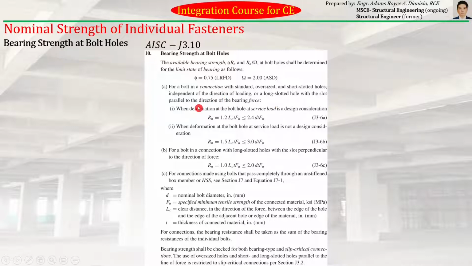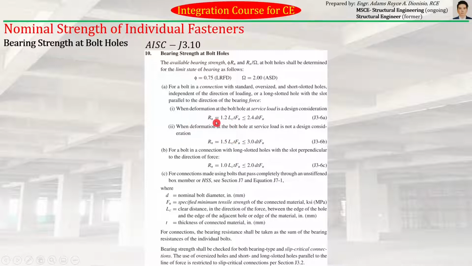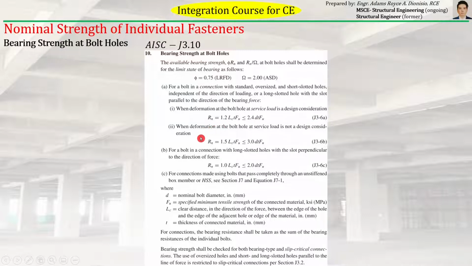Kung papasok ka doon, yung bearing strength natin will be either of the two. Itong una or itong pangalawa. Yung una is ginagamit when deformation of the bolt hole at service load is a design consideration. Pangalawa naman, when deformation of the bolt hole at service load is not a design consideration.